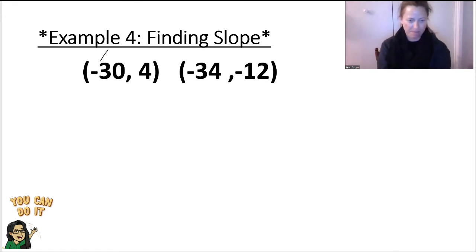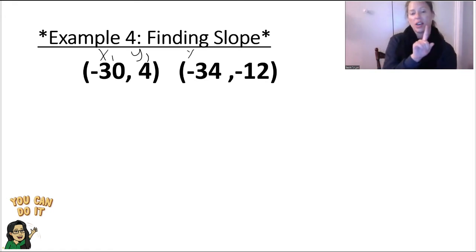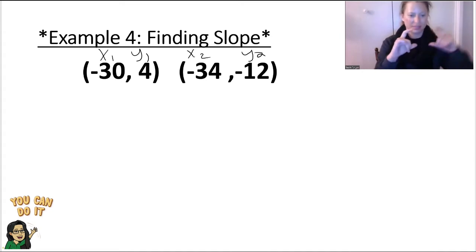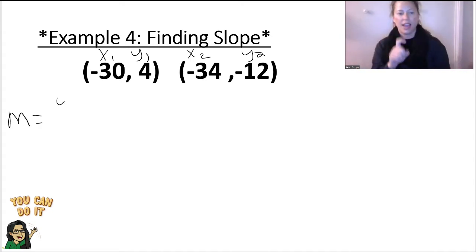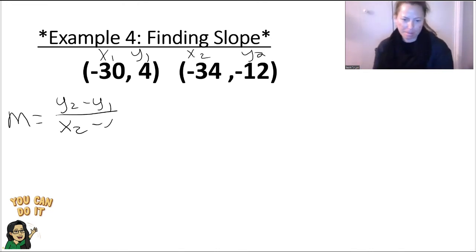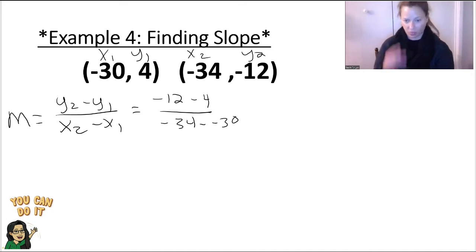All right, so this is x1, y1, x2, y2. So m equals y2 minus y1 over x2 minus x1. Okay, so it'll be negative 12 minus 4 over negative 34 minus negative 30. Okay, don't get fooled because it already has a minus.